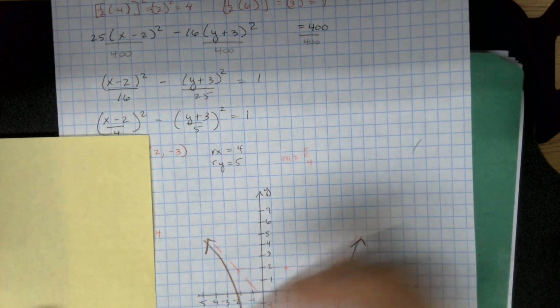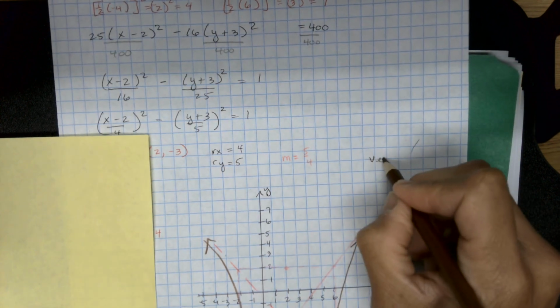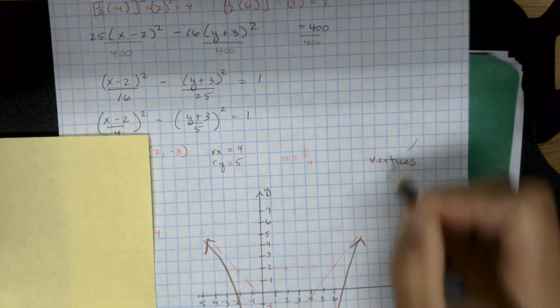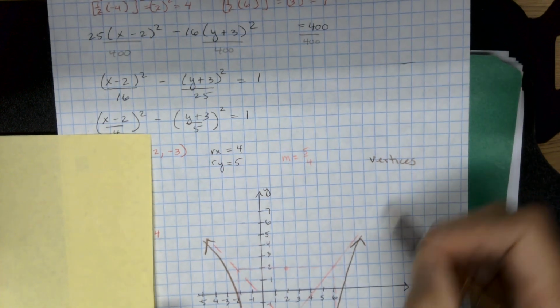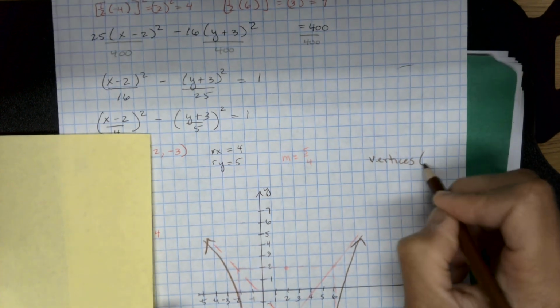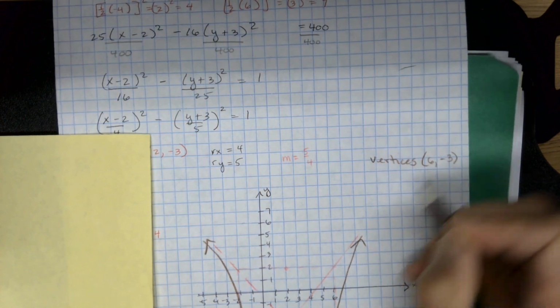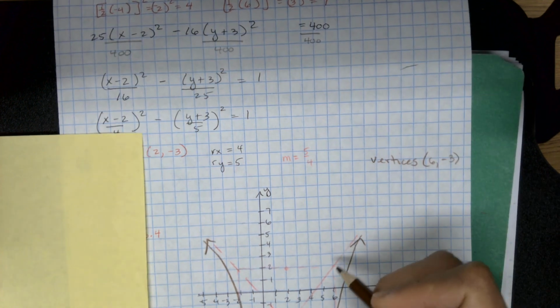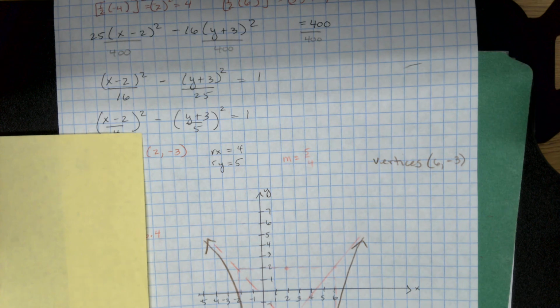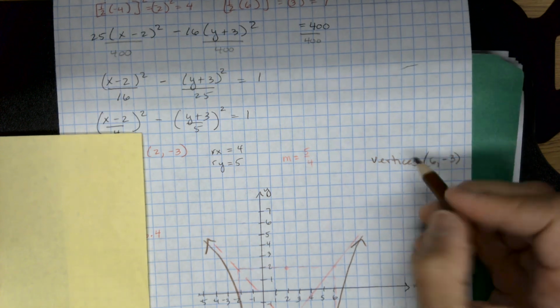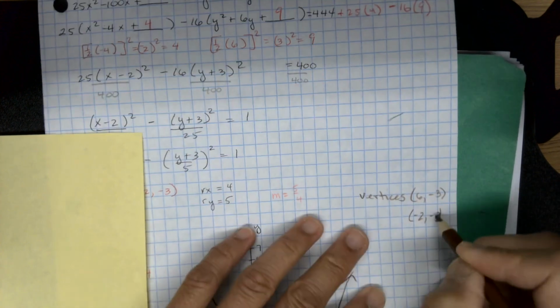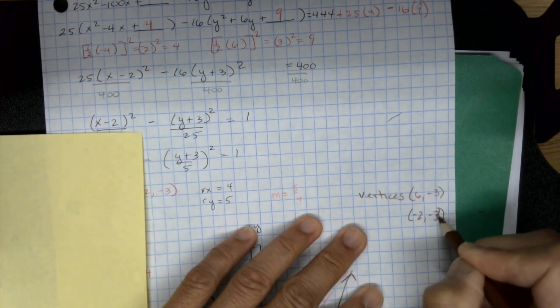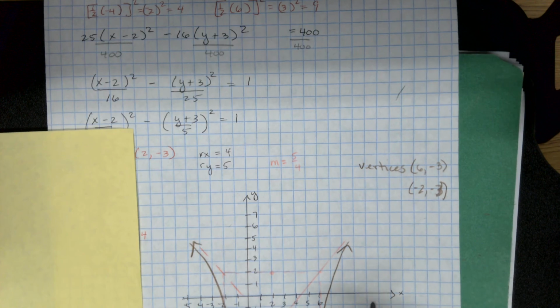All right. So vertices. Just get the location. It's going to be 6, comma, negative 3. And the other one's going to be negative 2, negative 3. So these are the vertices.